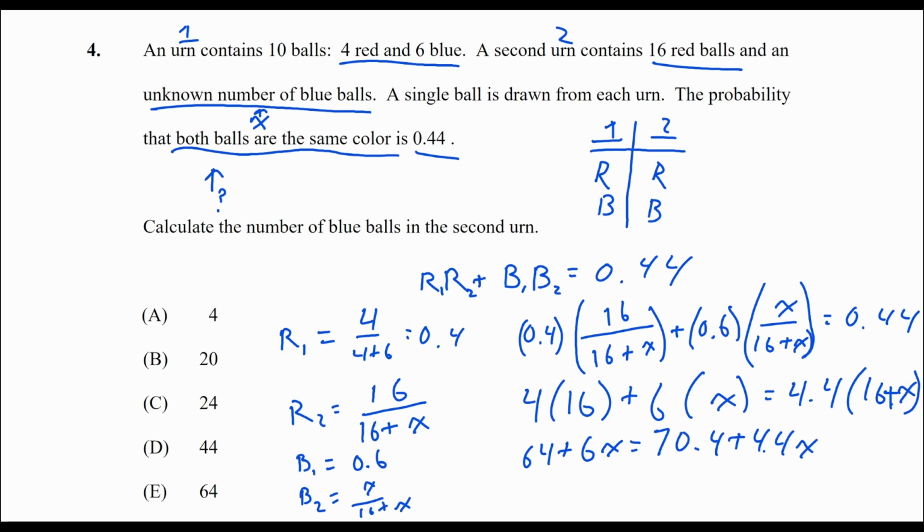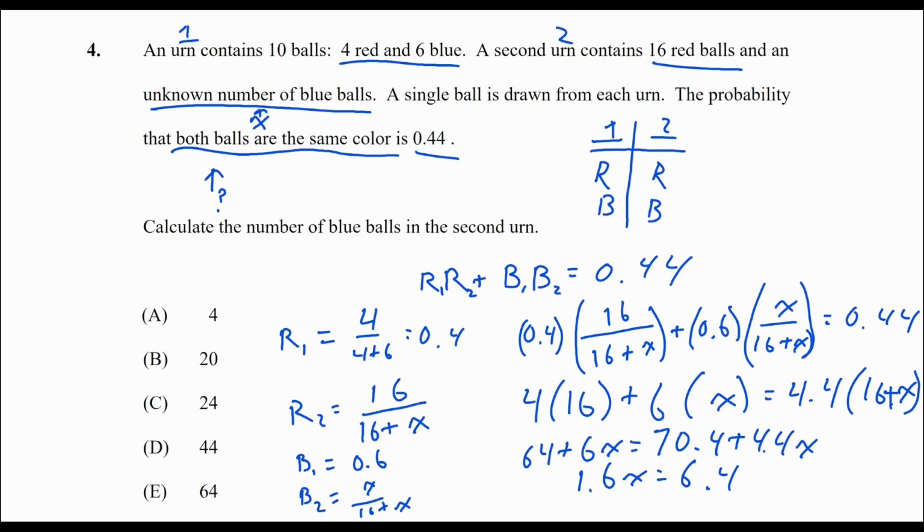So now we have the equation 64 plus 6x is equal to 70.4 plus 4.4x. Let's move the 4.4x to the left side and the 64 to the right side. That's going to be 1.6x is equal to 6.4.